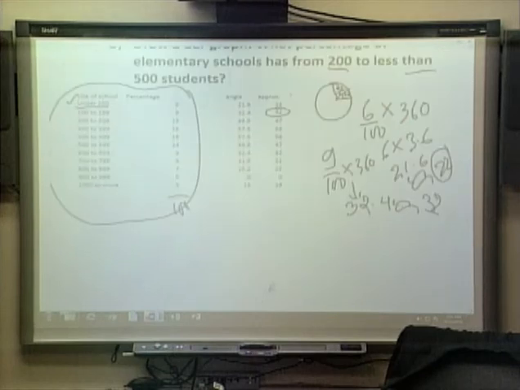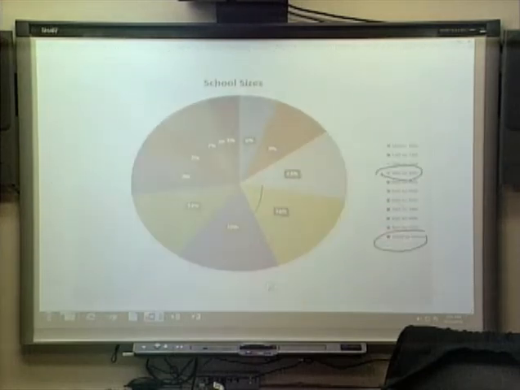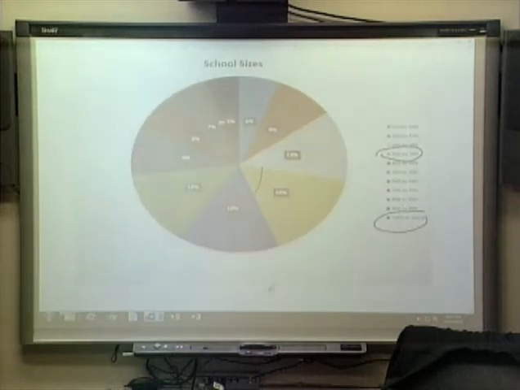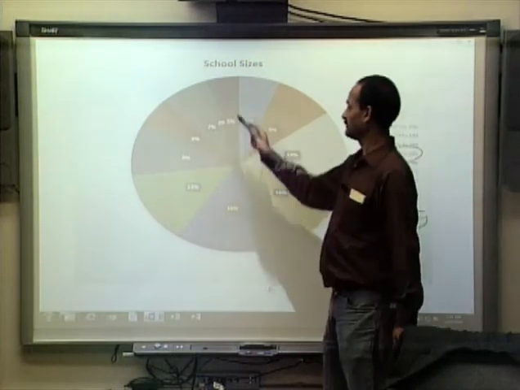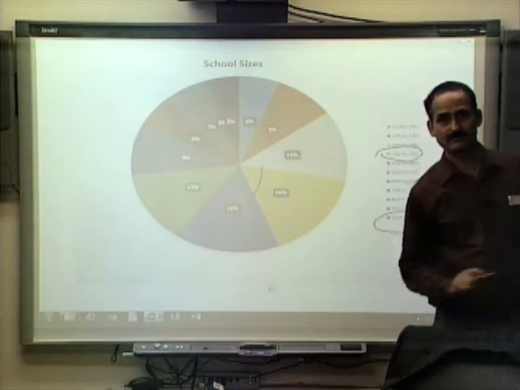Is that right? 5%, sorry, 5%. Wherever is that 5%? Here we go. This is the dark green. My color choice, that is not good.